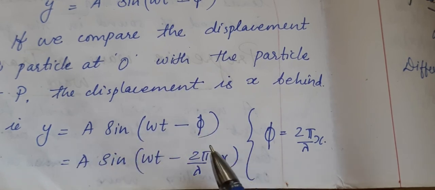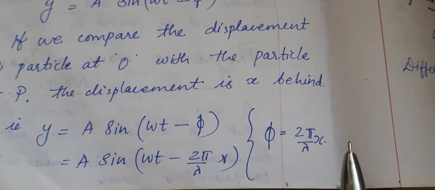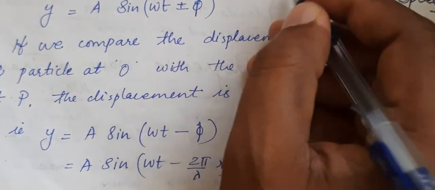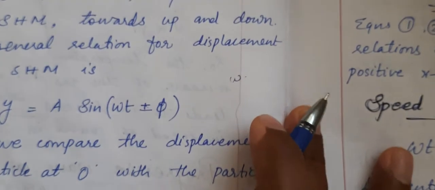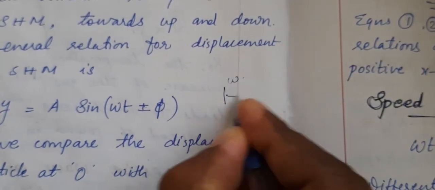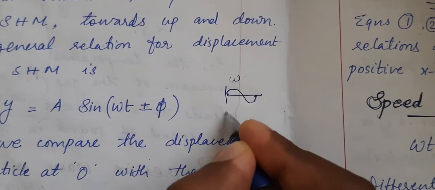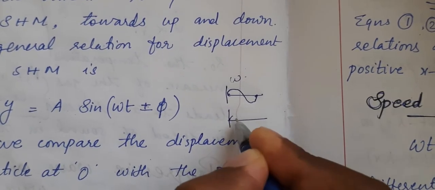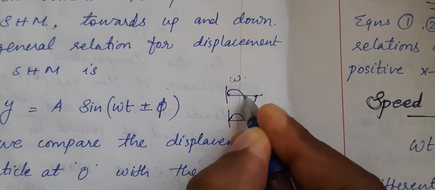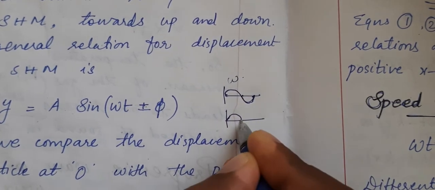And let's look at this phi once again. I told you phi is the angle showing the displacement of the particle. So for one full wave, if you take one full wavelength, suppose this is one full wave, I can bring this lower half down, and this part alone I can join back here.